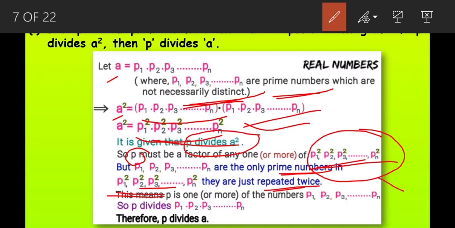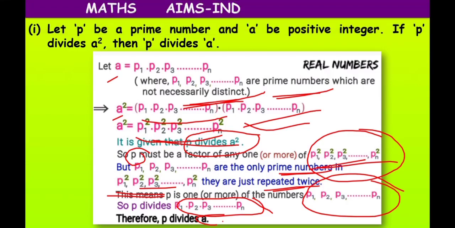So p will be a factor of p1, p2, p3, pn. So p divides p1 p2 p3 pn, that number. What is this number? This number is a. So p divides a.